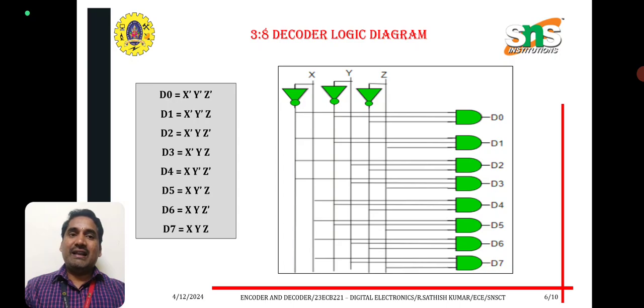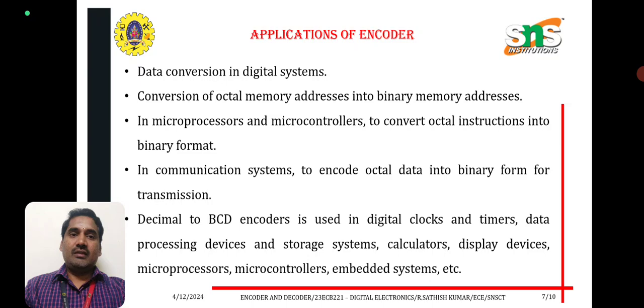X, Y bar, Z bar gives D4. X, Y bar, Z gives D5. X, Y, Z bar gives D6. X, Y, Z combined gives D7. The 3 inputs X, Y, Z produce the outputs D0 to D7.